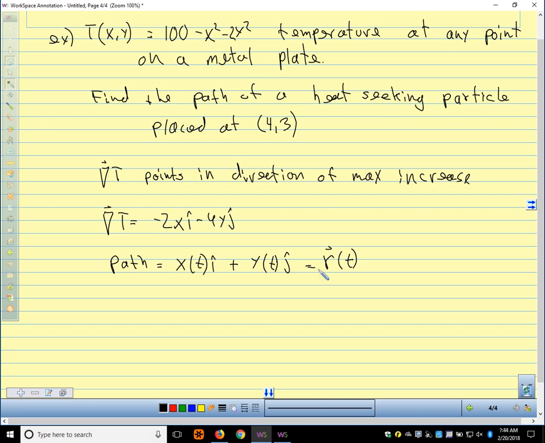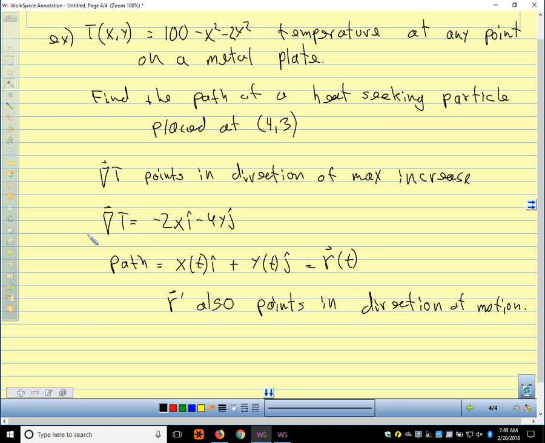What gives us a tangent vector to this curve? r prime points in the direction of motion. So r prime also points in the direction of motion.